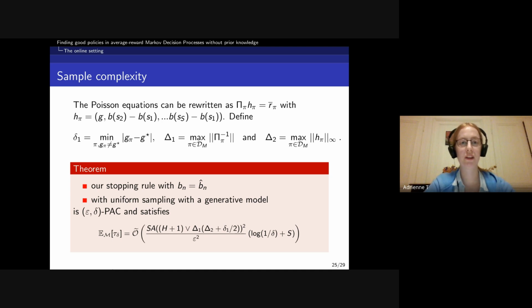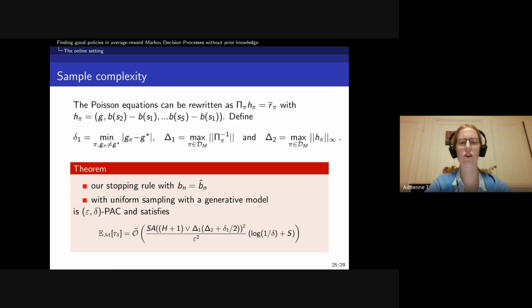And so once you've rewritten your Poisson equations like that, you can define a few quantities. So small delta 1, which is the difference between the best possible gain and the second best possible gain. Big delta 1, which is the maximum of the norm of the inverse matrix pi. And you can define big delta 2, which is the maximum infinite norm of this small h vector.